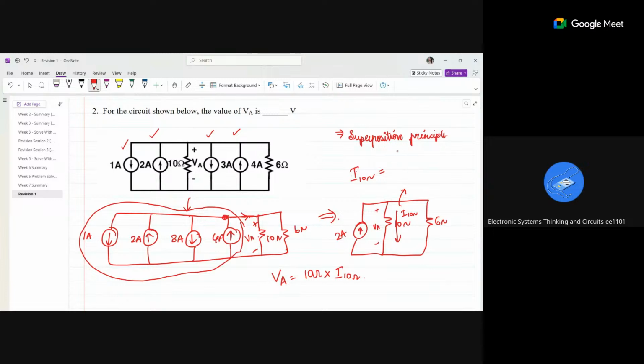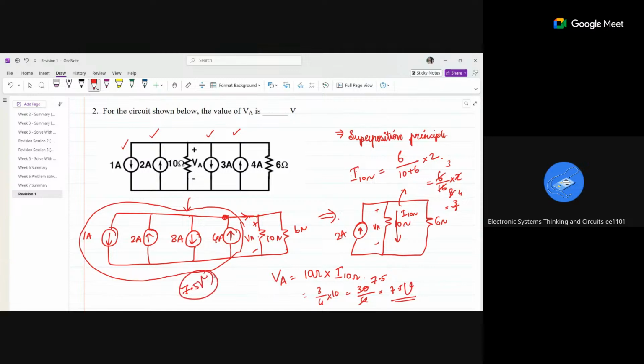So I will take the opposite branch, 6 by 10 plus 6 into 2. 6 by 16 into 2. 3 2s are 6, 8 2s are 16. So it is basically 3 by 4. So 3 by 4 into 10. It's 30 by 4. 7 4s are 20. So it's 7.5 volts. Right?